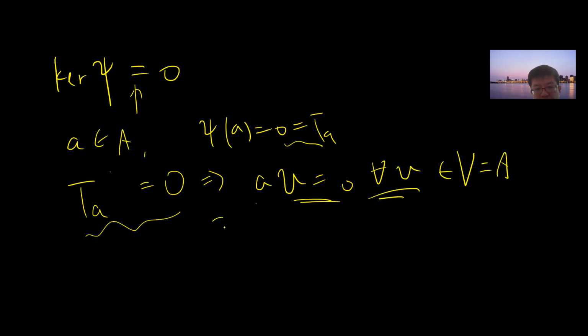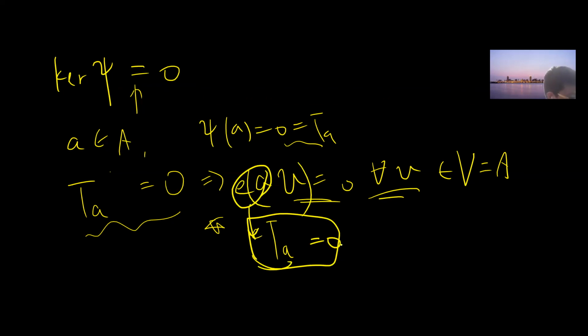But now the key point is that there is a unit element, and nobody can stop me from using it. I can get T_e a equals 0, since I can multiply by e here. So I can write this as e a v equals 0. The element ea is by definition just a.